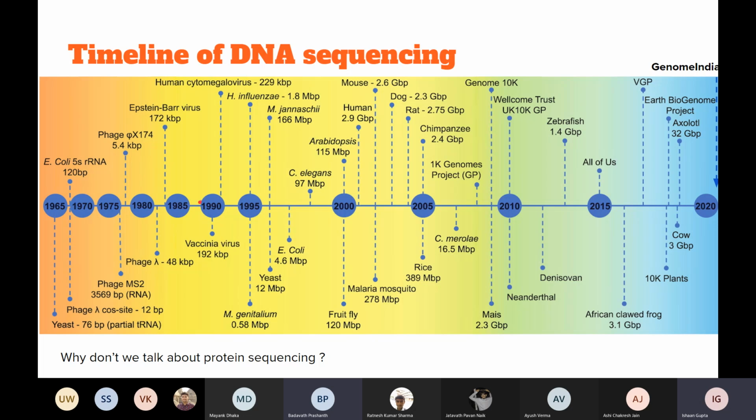So can somebody tell me what could have happened between 1985 and 1995 that could have pushed it one order of magnitude more? BLAST is for searching. What other technological advancement happened during this time?